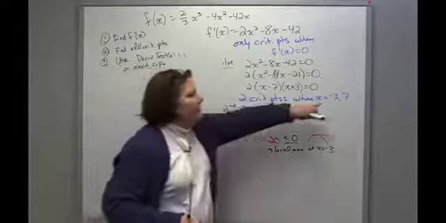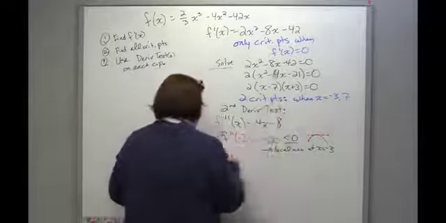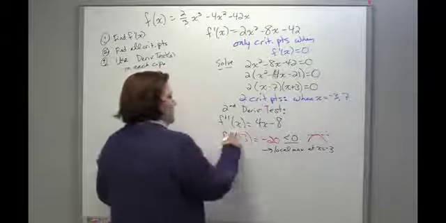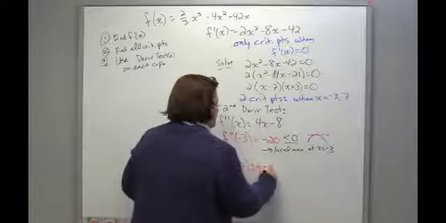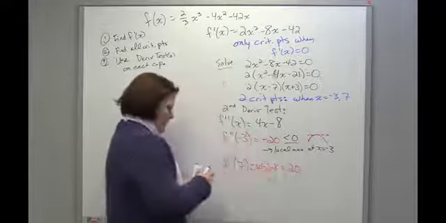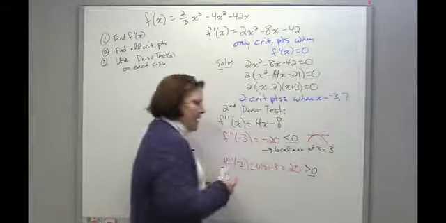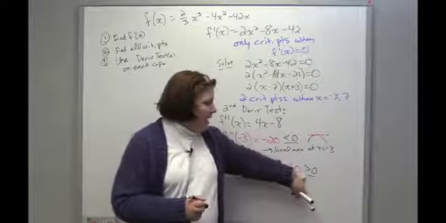If we look at the second critical point, right now it's just a critical number, f double prime of 7. Plugging that in, 4 times 7 minus 8, we get positive 20. The key is that the second derivative at that critical number is positive.